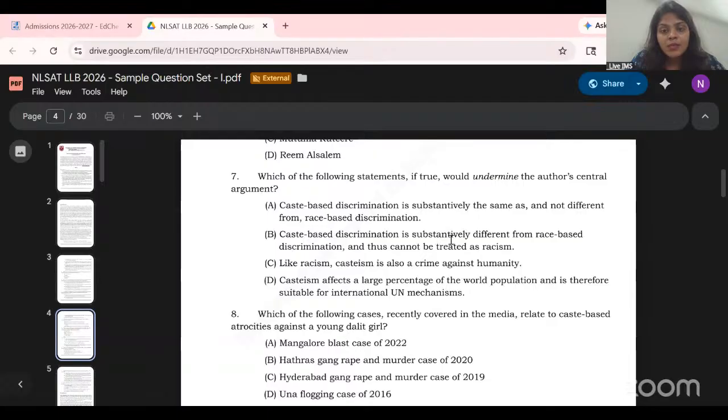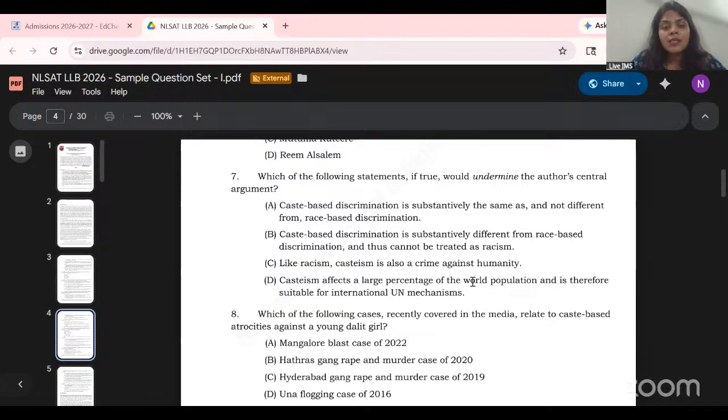Option B: caste-based discrimination is substantively different from race-based discrimination, thus cannot be treated as racism. Option C: casteism is also a crime against humanity. Option D: casteism affects a large percentage of the world population, therefore suitable for an international mechanism.